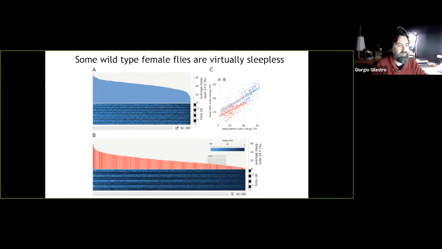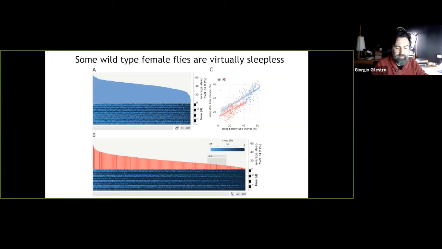If you look at the female flies, you will see that there are a number of females that have hardly any sleep. And these are wild-type laboratory animals. These are not mutants. In fact, the flies are in principle all siblings of each other. So there is some kind of natural variability that emerges when you analyze a population that is large enough.